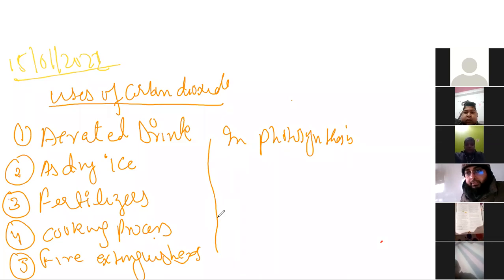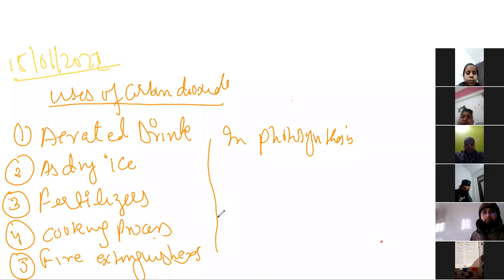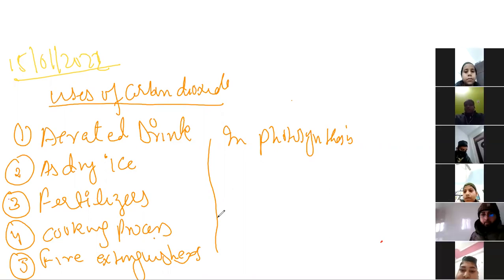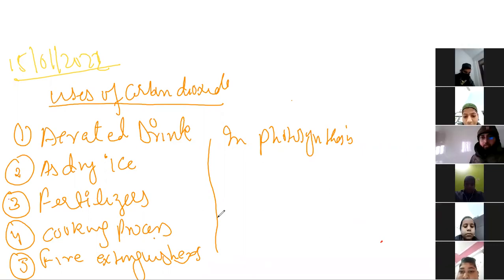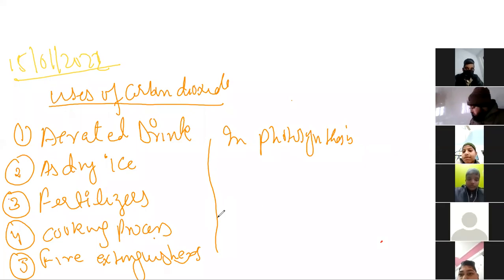Yasir Raza, you want? Yes, Yasir Raza, tell me. Abu Bakar, you are raising your hand. Any problem? No, sir. For telling the answer. Okay, tell me who is going. Abu Dujana, you are reading. Okay, tell me, beta. Tell me about fertilizer, how carbon dioxide is used there.